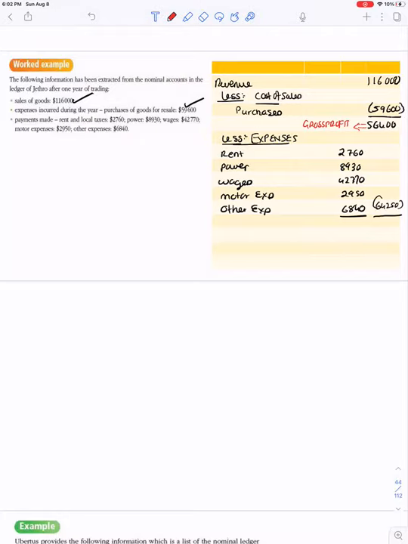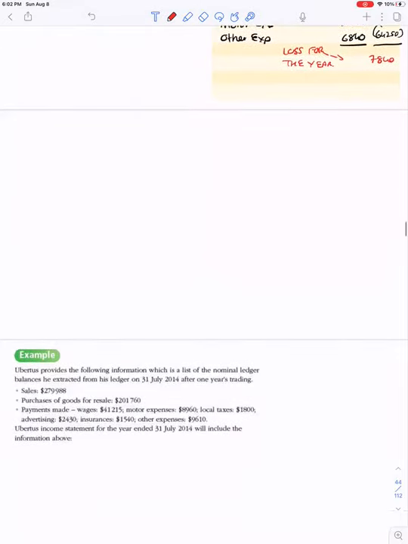So we are getting a negative figure, 7850. What is this? This is loss for the year. I hope I'm very clear with this.